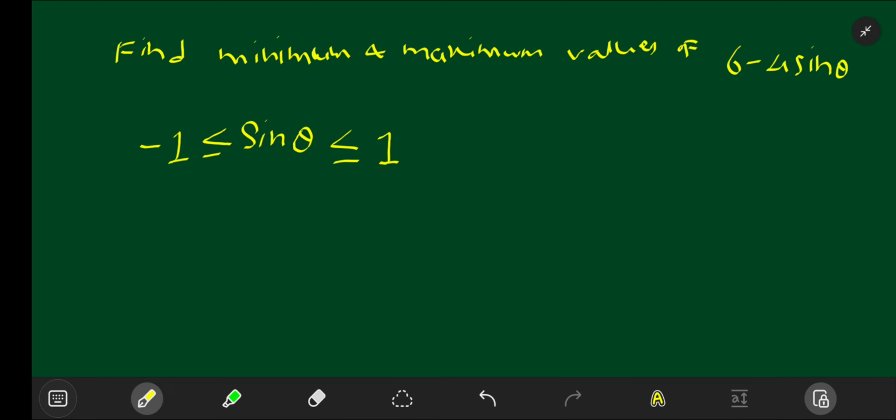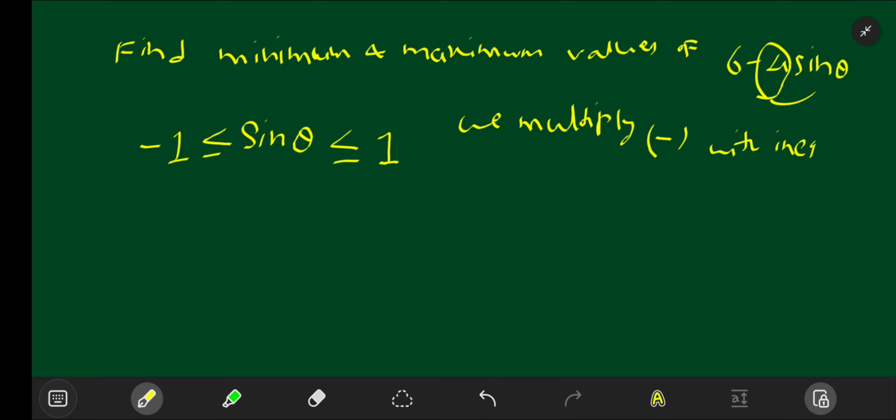Next, minus 4 is multiplied with sine theta. So multiply minus 4 in this inequation. Okay. When we multiply with minus, the inequation will change.